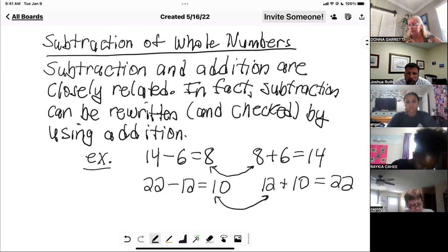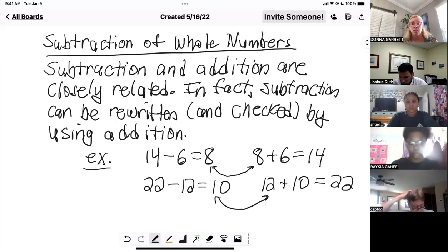I'll show you how I do them. The first couple problems I'm going to do not have borrowing, and then we're going to look at borrowing. But I want to do a couple of basic problems first, just to show you, and then we're good to go.